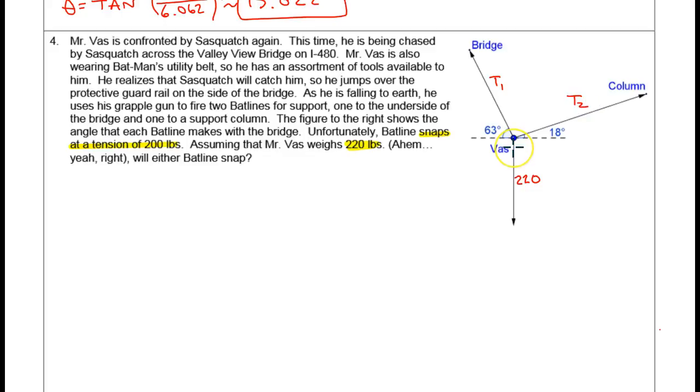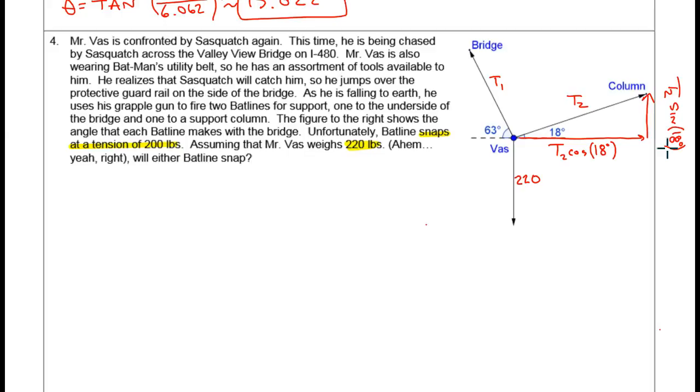Tension number 2 has both a horizontal and vertical component. We can think of the horizontal component like that, which is going to be T2 times the cosine of 18 degrees. And it has a vertical component right there, which is going to be T2 times the sine of 18. Let's look at T1.